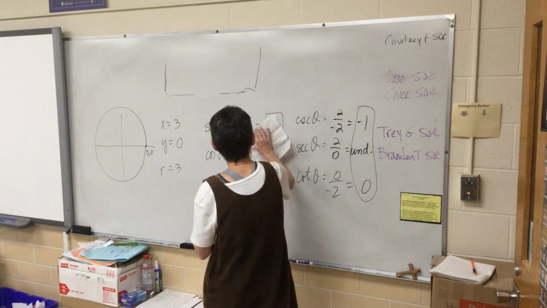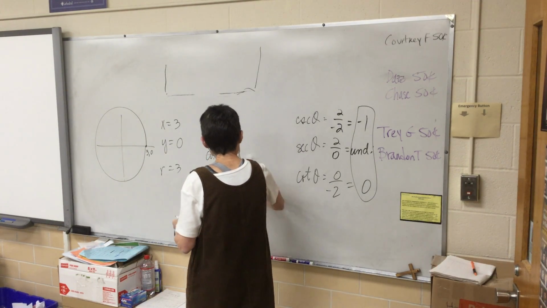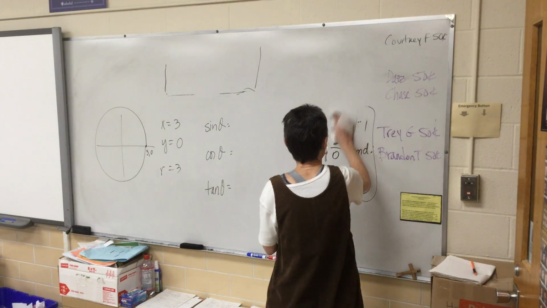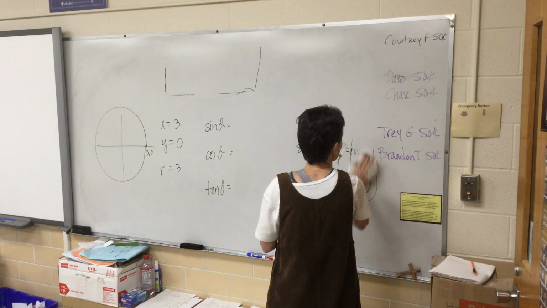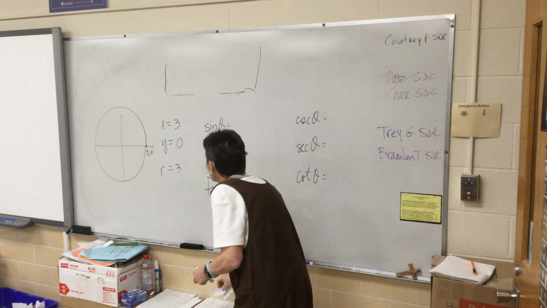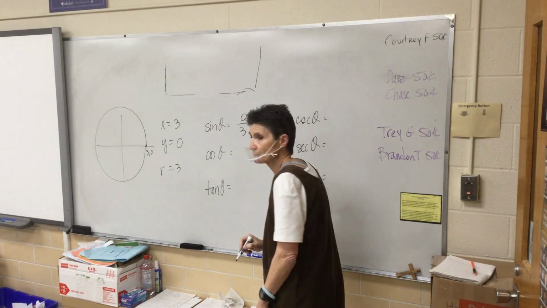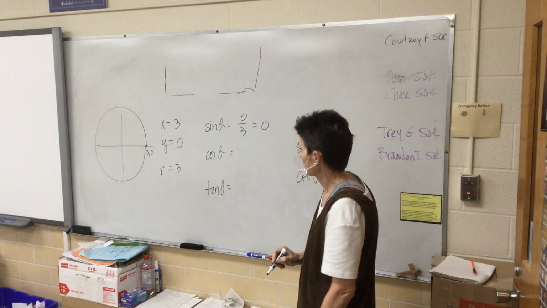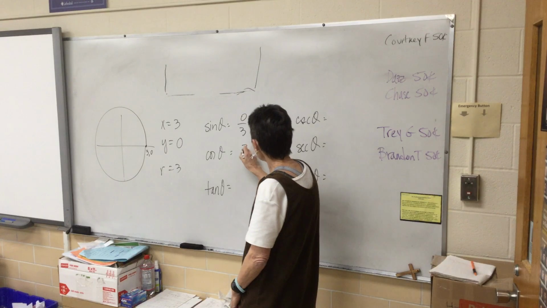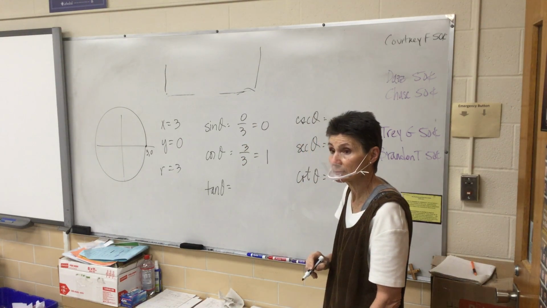So now we can start filling stuff in. So look at your definitions. Sine is y over r. So that'll be 0 over 3 or 0. Cosine is x over r, so we get 3 over 3, which is 1.